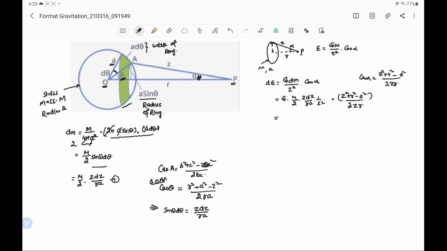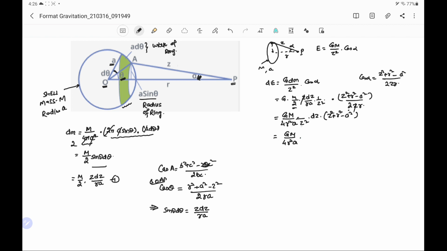So it will be G m by 4: this 2 and 2 make 4. One of the z will be cancelled. The remaining is r square a into z square into dz into z square plus r square minus a square. So it is equal to G m by 4 r square a.